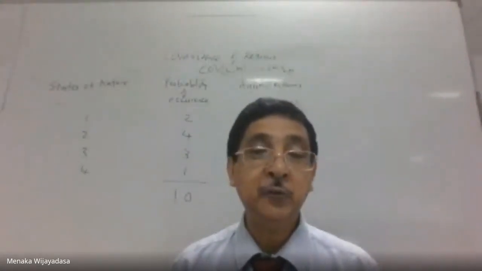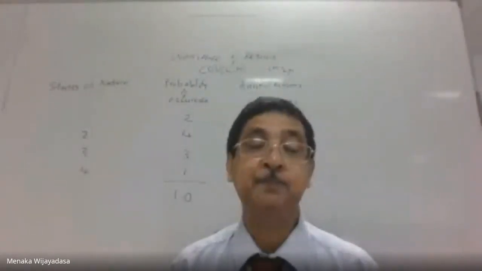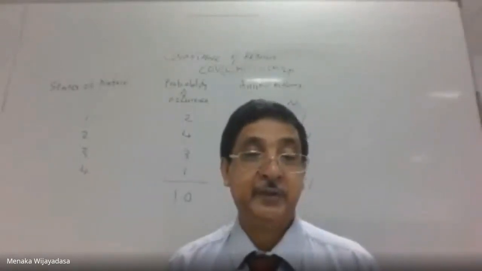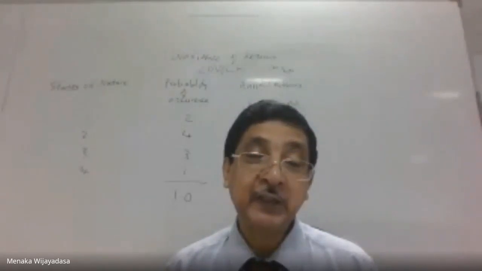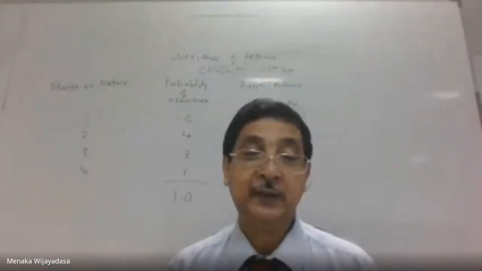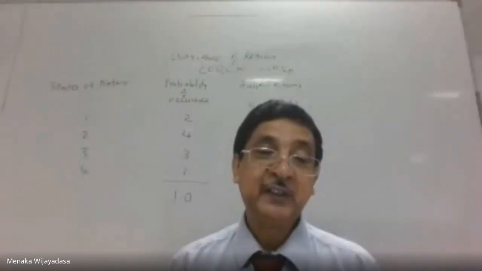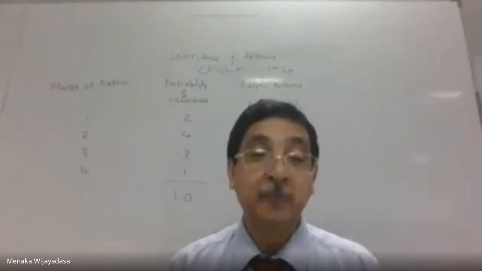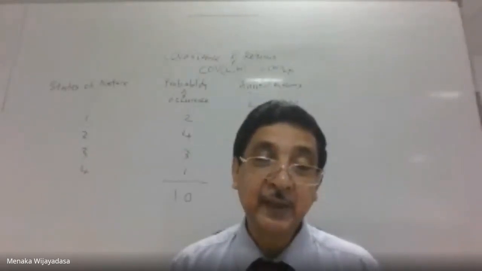Now we will see how we are going to calculate the covariance of returns of L and M. Before going into that, we should calculate the expected rate of return of L at the beginning, then the expected rate of return of M. That is the first step towards calculating the covariance LM.